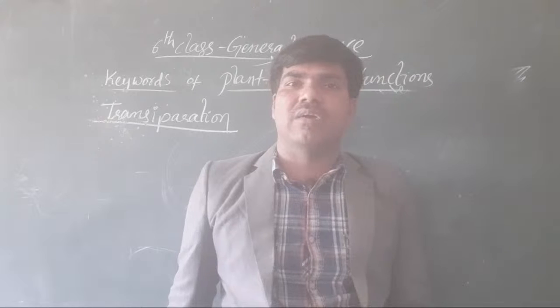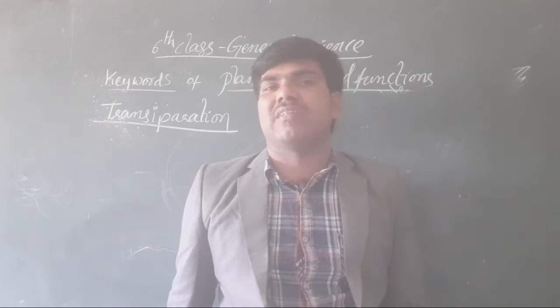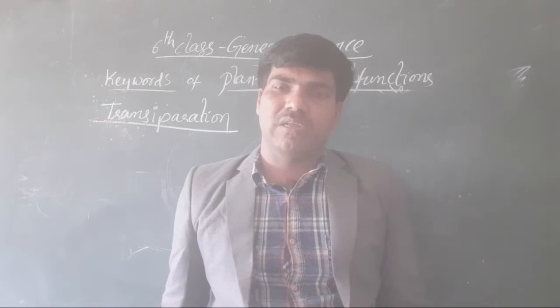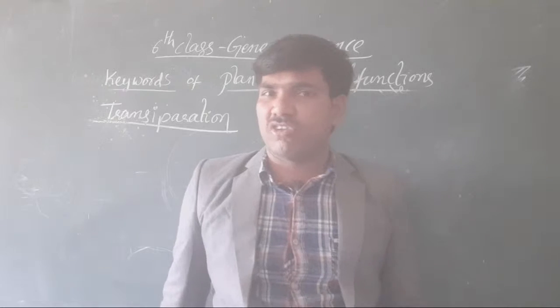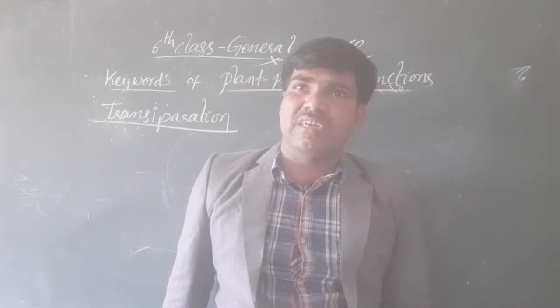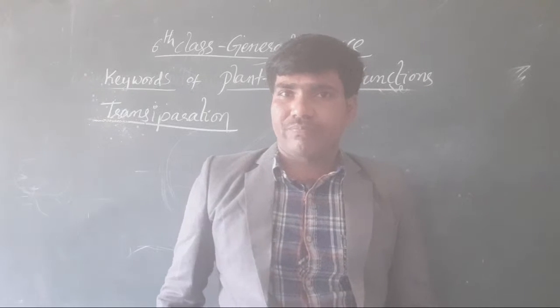Lamina is the plain, green-colored part of the leaf. The plain portion of the leaf is called the lamina.